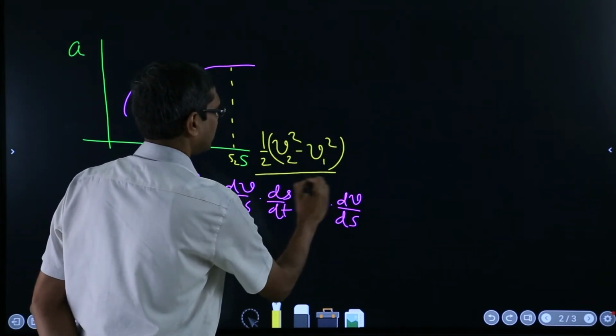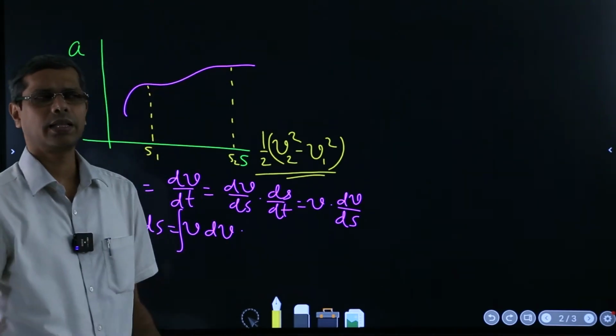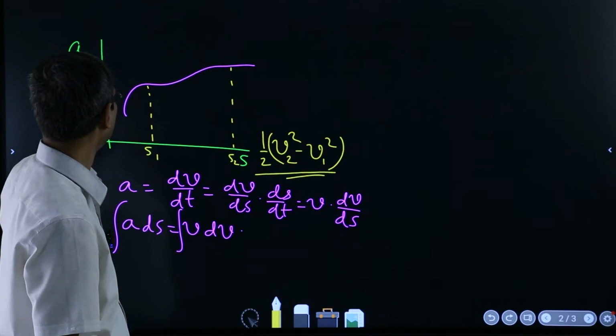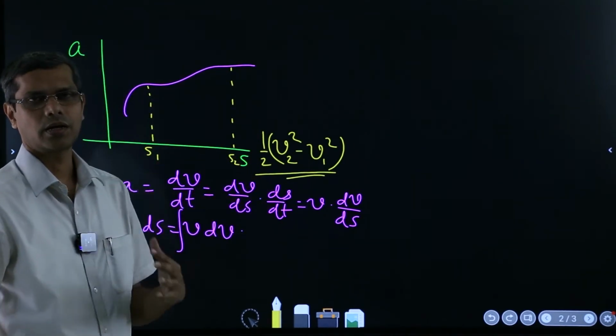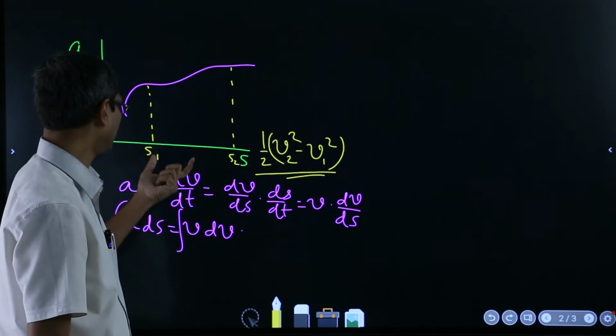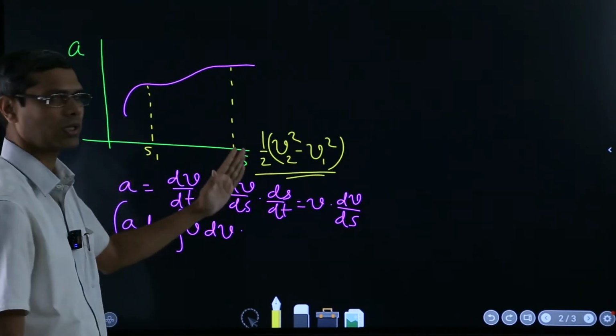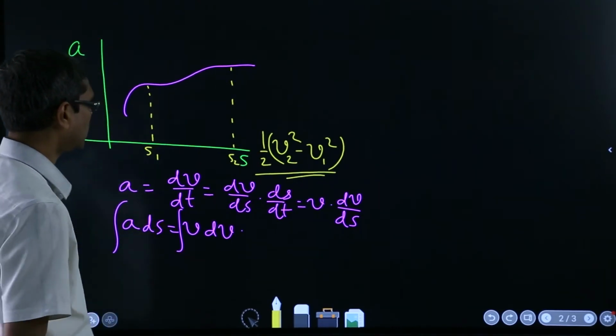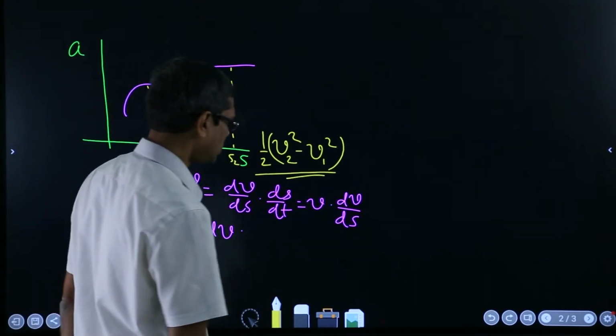So this tells you the kinetic energy gain per unit mass. The area under the A versus s curve gives you the kinetic energy gain in moving from s1 to s2 per unit mass. So this is one more curve which is of importance.